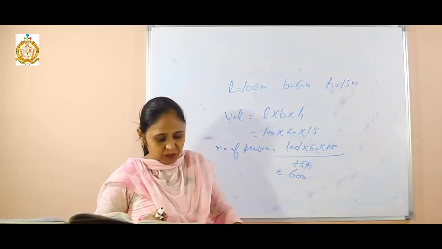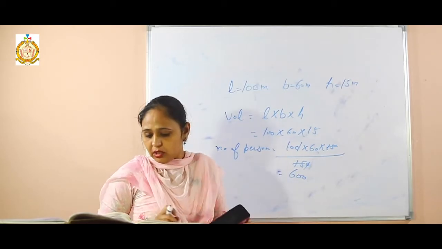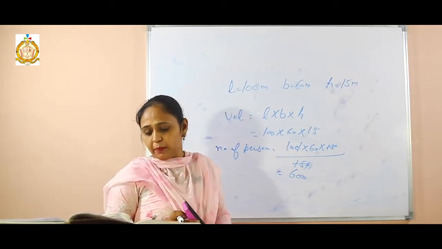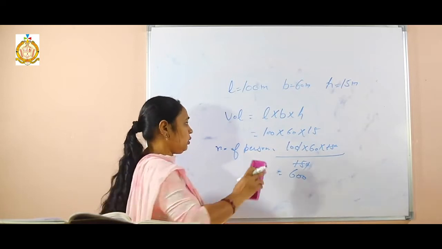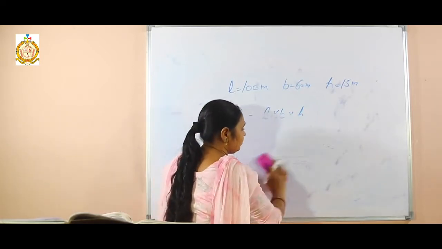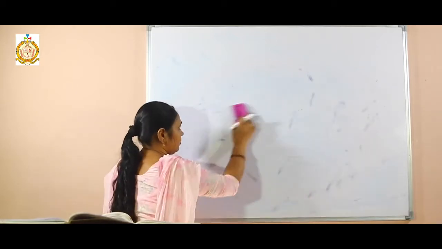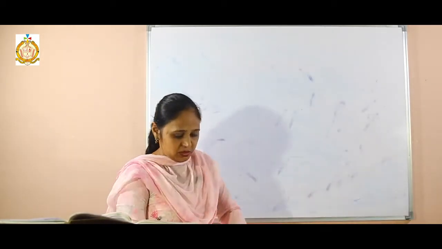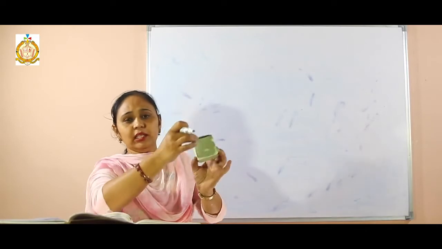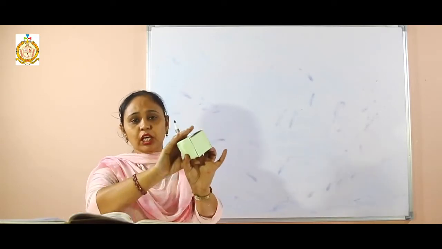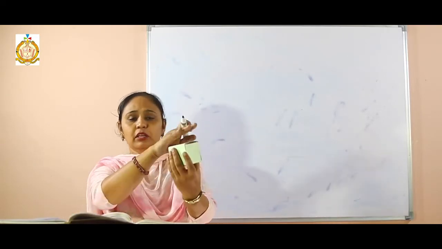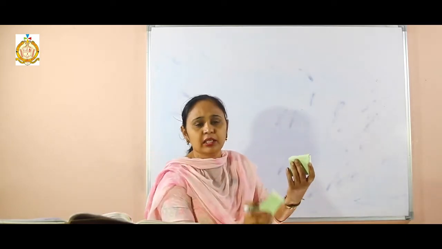In the next, he says that 3 equal cubes are placed in a row. Now suppose this is my cube. Length, breadth, height are all the same. He has taken 3 cubes. First this one, then he takes the other one.